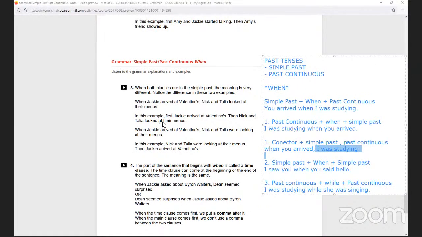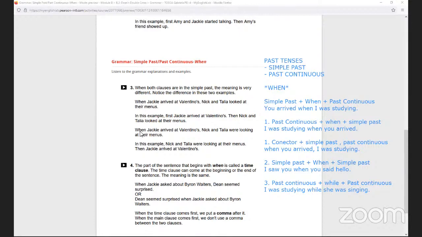And that is the only thing. For example, here we could say, when Jackie arrived at Valentino's, Nick and Talia looked at their menus. So in this case, we are using both with simple past, but the connector at the beginning, right?